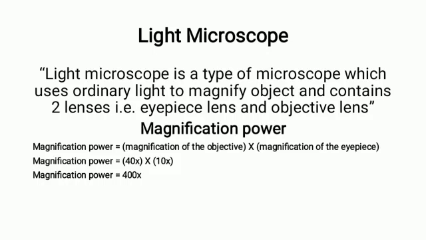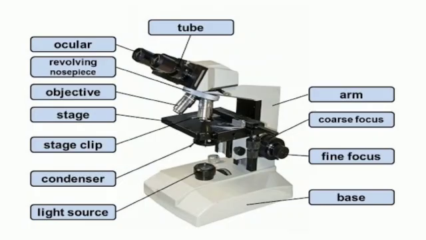The magnification power of the objective lens, let's suppose, is 40x and the magnification power of the eyepiece is 10x. By multiplying 40 and 10, we will get 400x. It means the microscope having these powers will show an image 400 times bigger than the actual object. Got it?